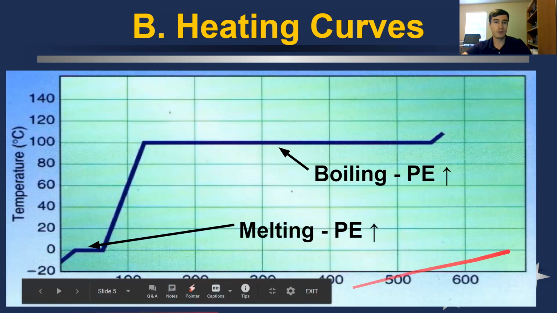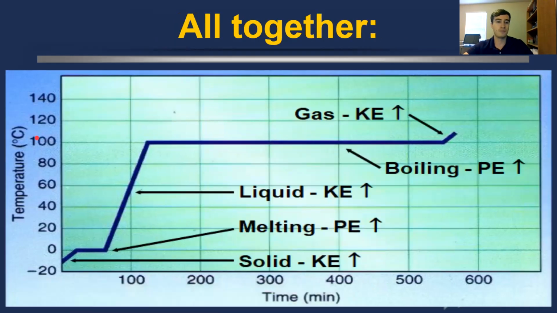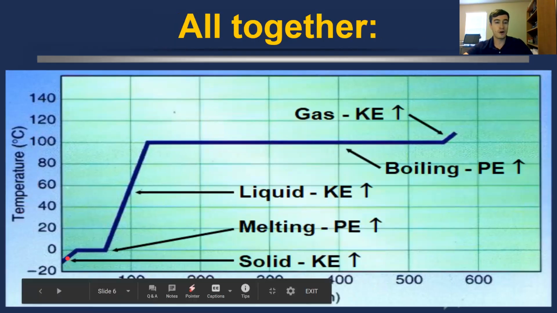So overall, if we look at the heating curve as everything put together, we start off with our solid block of ice at this very cold temperature down here. It heats up and gets more kinetic energy until it reaches the melting point right here. For water, that's 0 degrees Celsius. While the water is melting, it stays the same temperature, but we're breaking those particles apart from each other until we form liquid water.